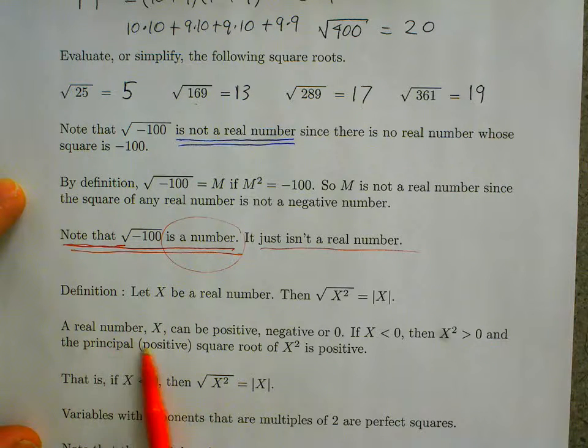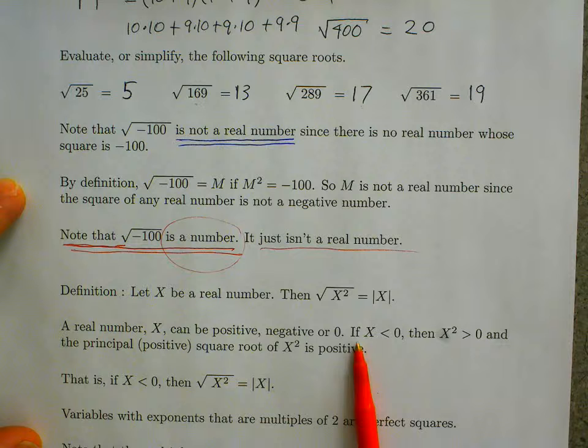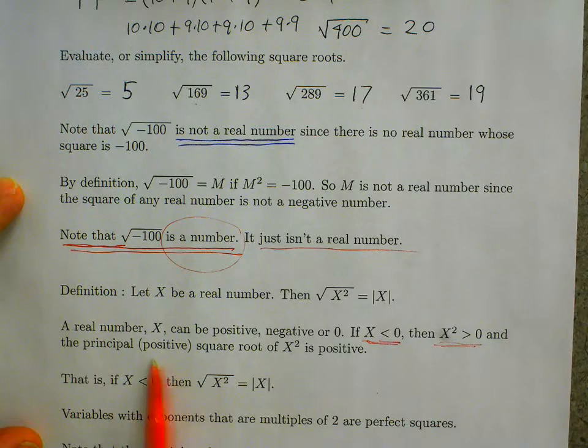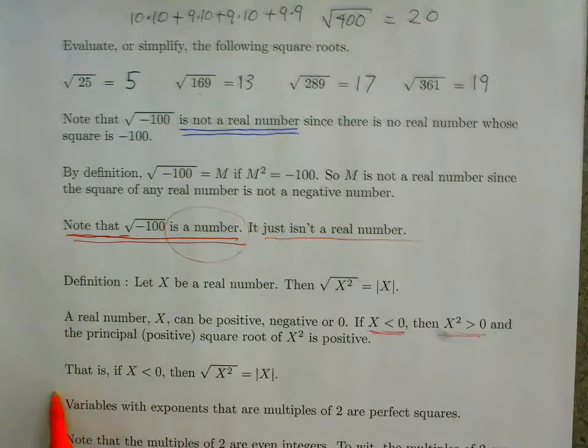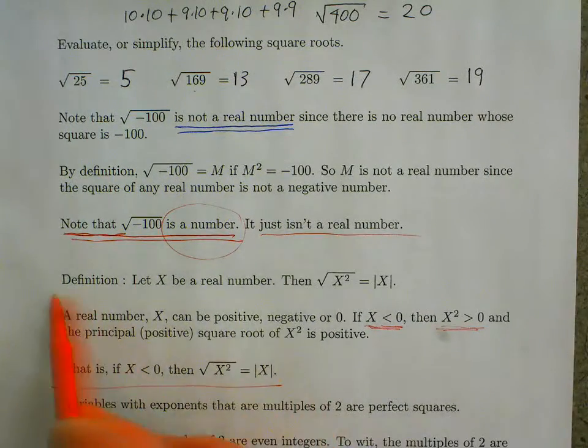Okay, a real number x can be positive, negative, or 0. If x is less than 0, then x squared is greater than 0. We know that from experience. If you have a negative number and square it, you get a positive number. And so the principal, or positive, square root of x squared is positive. So we're just reiterating this definition up here.